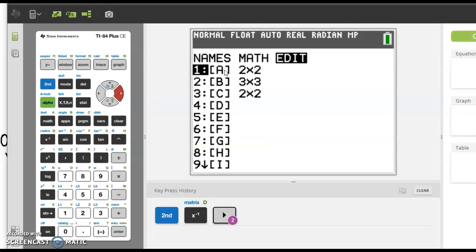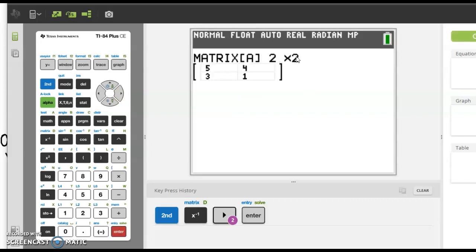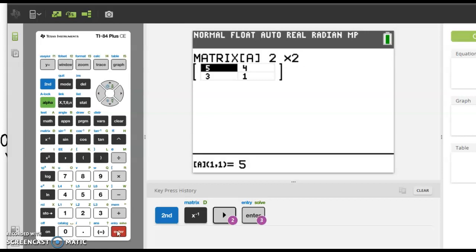We're going to call it matrix A, and I made it a 2 by 2. On your calculator, I think it has 1s there, and you have to change the numbers to 2 by 2. Once you change them to 2 by 2, it opens up this box for you, and you can type in the numbers, which I've already done. So now the calculator has those numbers, that's matrix A.